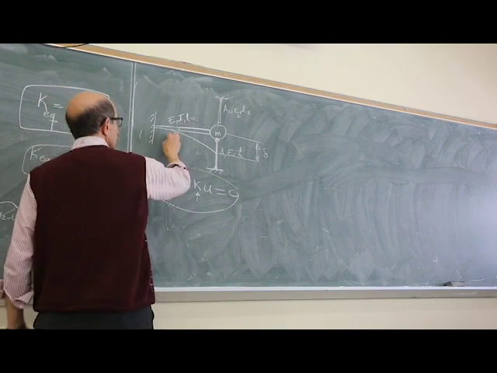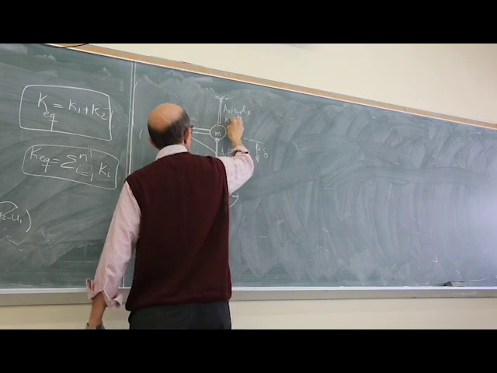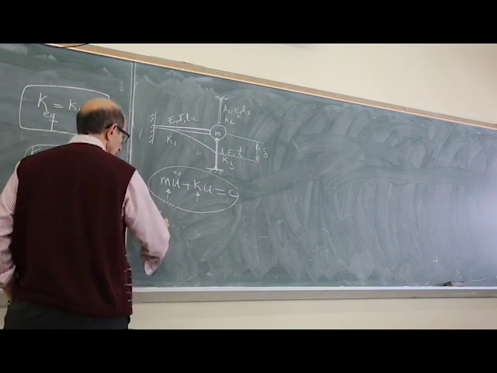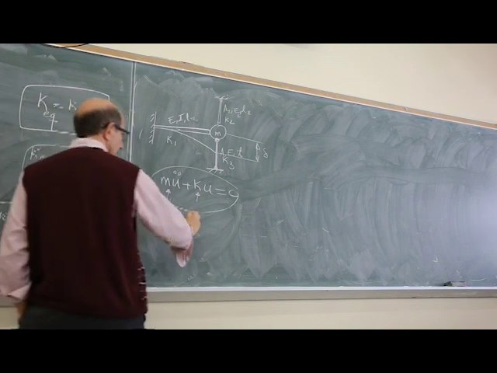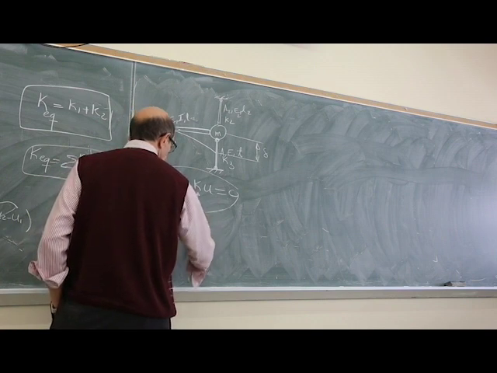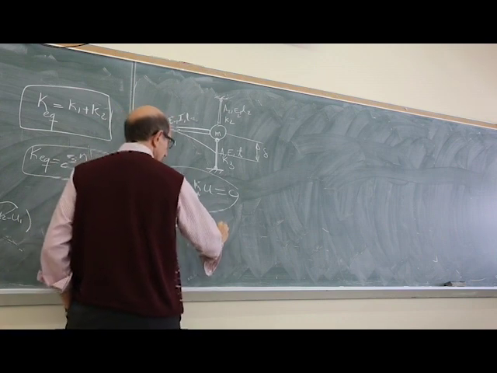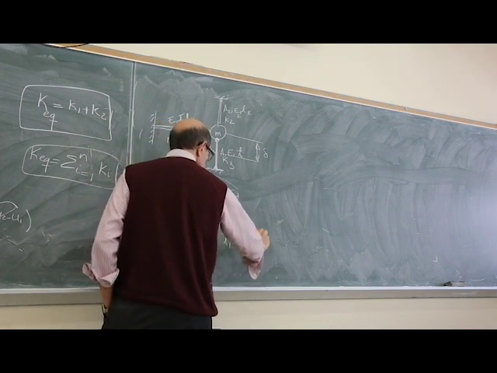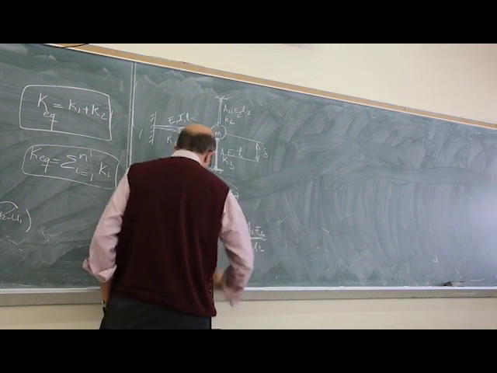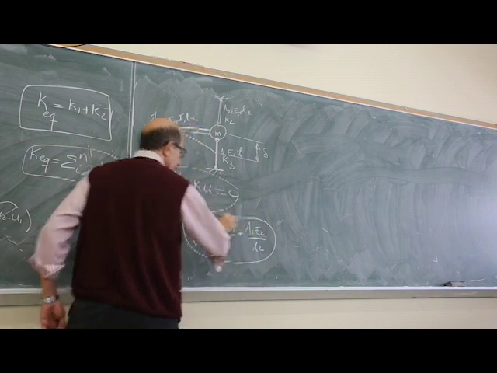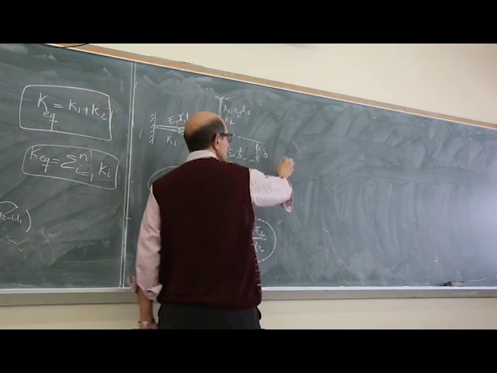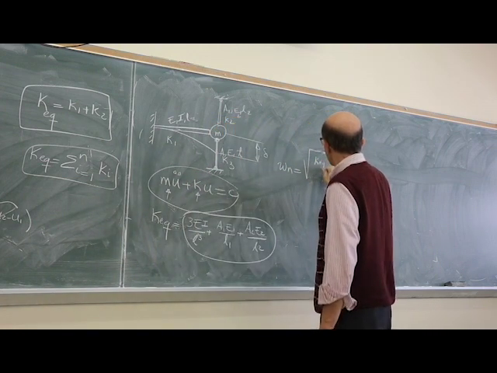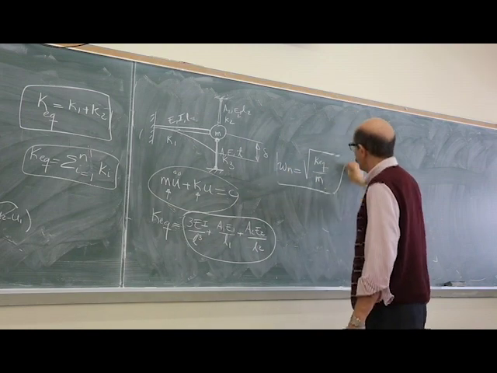So if I call this K1, K2, and K3, equivalent stiffness would be 3EI over L cubed plus A1 E1 over L1 plus A2 E2 over L2. So this is the stiffness of the system, and then you can simply write the natural frequency, which would be that K equivalent over the mass of the system.